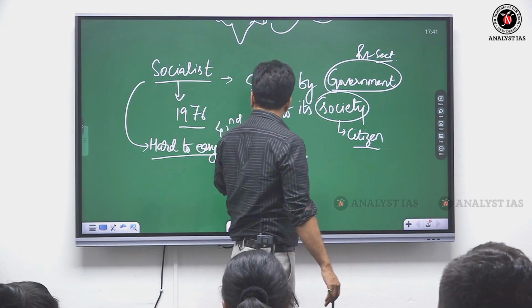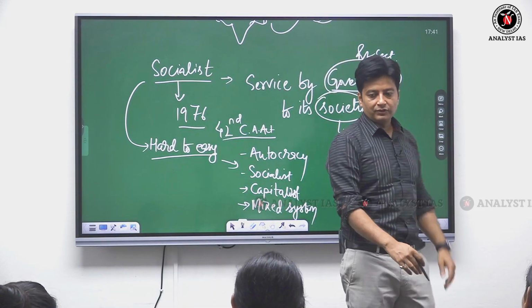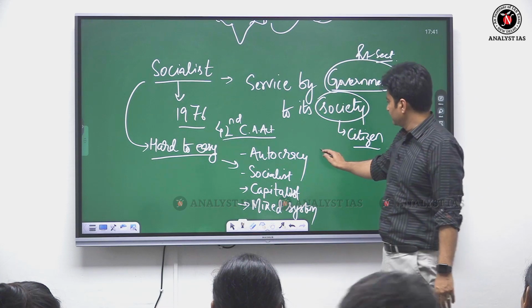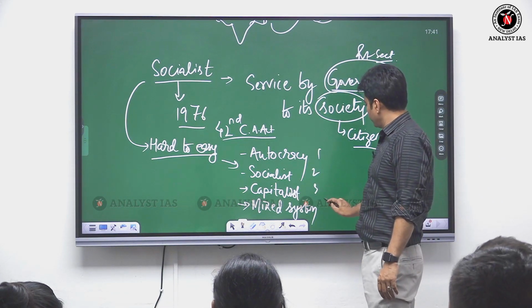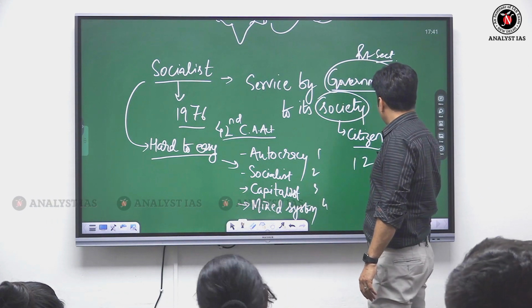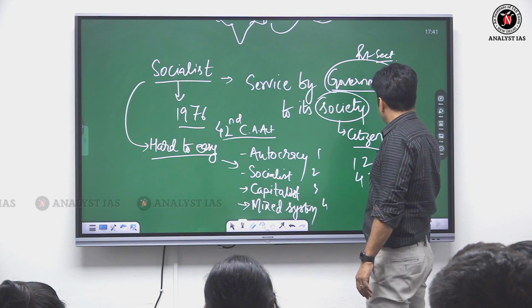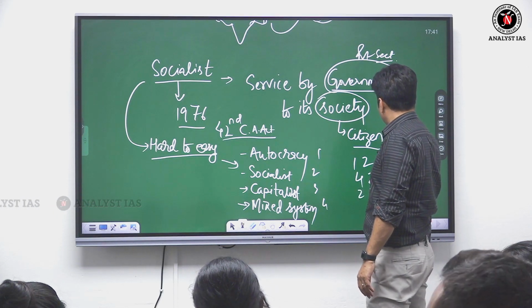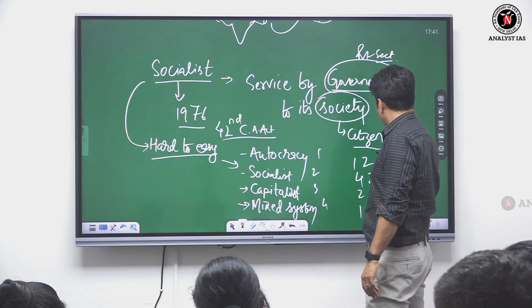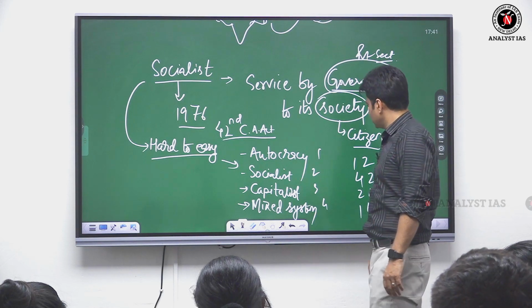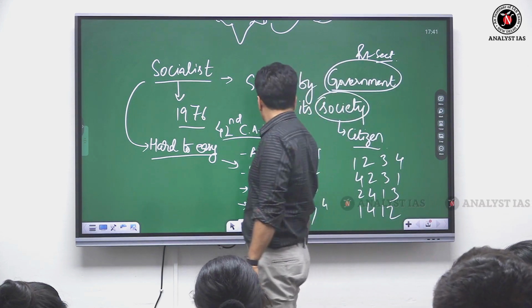So from hard to easy, you need to tell what should be there. It can be 1, 2, 3, 4, or 4, 2, 3, 1, or 2, 4, 1, 3, or 1, 4, 1, 2. What can be the answer here?